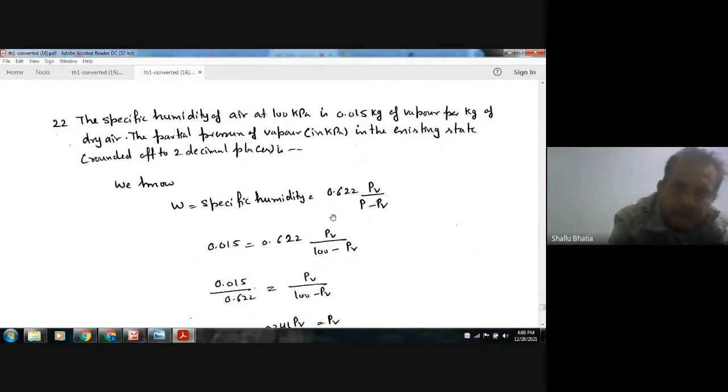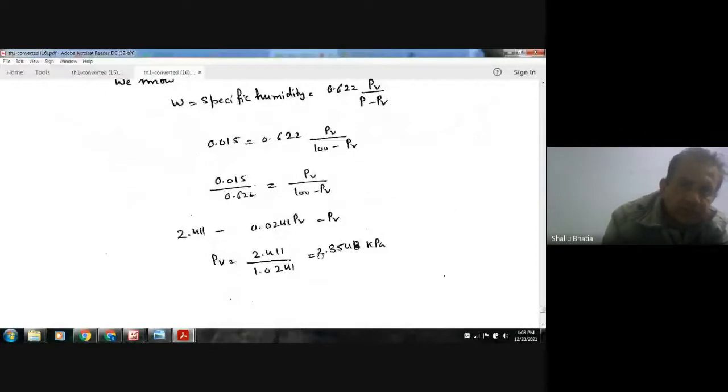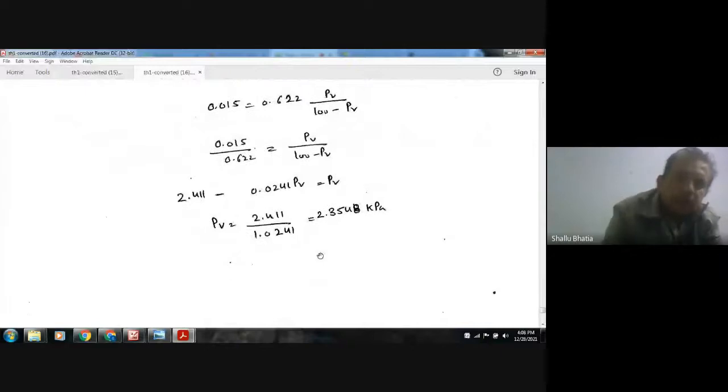The total pressure is 100 kPa, so putting P equal to 100, we can find PV, the partial pressure of the vapor. We don't need any other data, so we get 2.354.